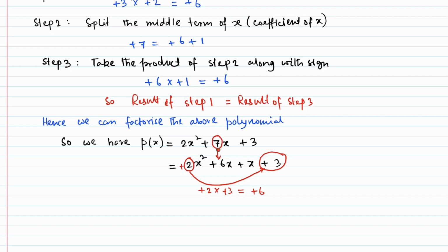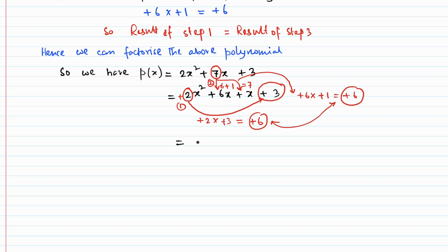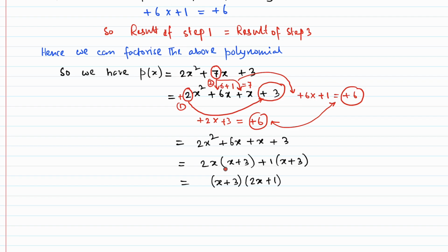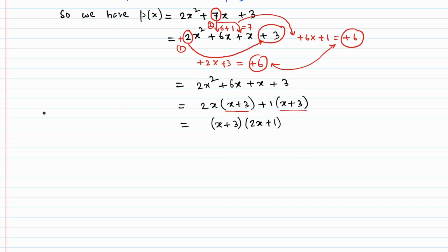And also if we expand 7 as plus 6 and plus 1, if we multiply plus 6 into plus 1, this also gives me plus 6. Hence this is satisfying, so we can factorize it. So 2x square plus 6x plus x plus 3. We take 2x common, so 2x into x plus 3, and here we also get 1 common, x plus 3, which gives me x plus 3 into 2x plus 1.